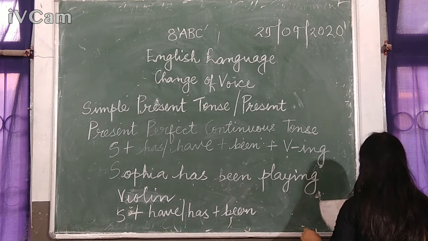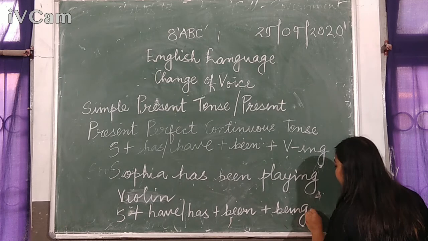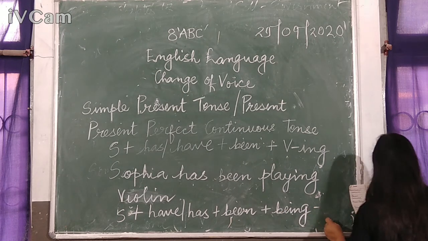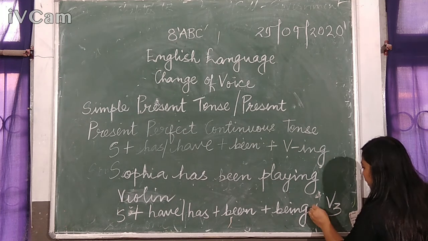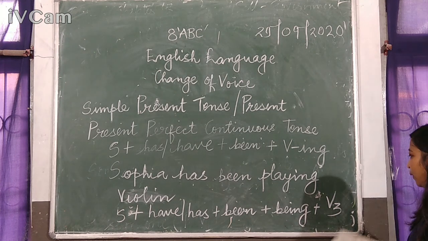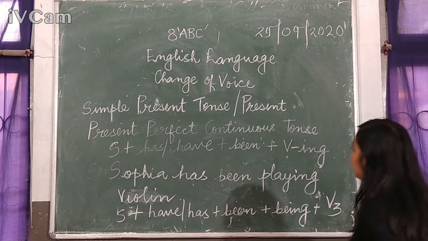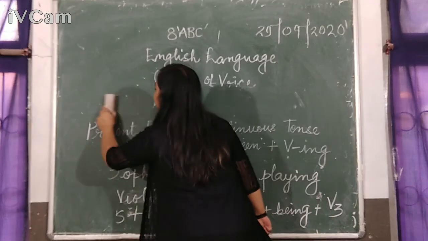And then being. After been, you'll have to add being in the passive voice. And then the V3 form of the verb, that is the past participle form of the verb.